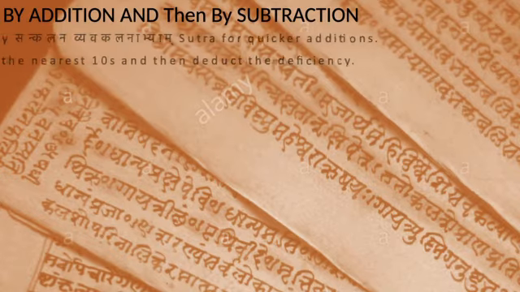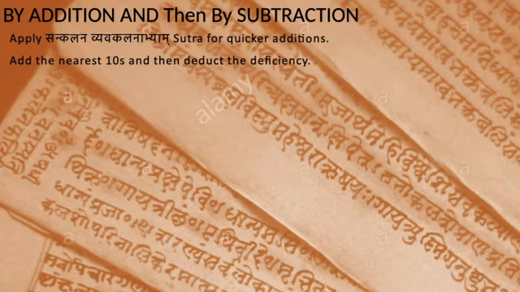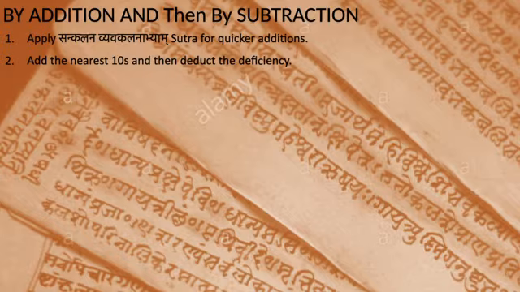Here we'll be adding the nearest tens and then reducing the deficiency. In the other sutra, Yavadunam, we had learnt what deficiency is and how to use it, right? So it's another example of using the deficiency. So let's look at that example. 82 add 17.